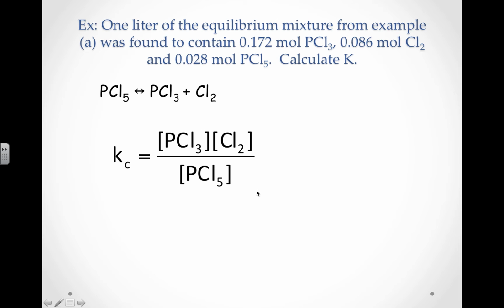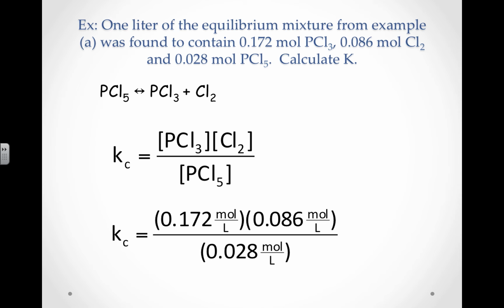So we write our Kc expression, and then we're going to plug in our concentrations. Notice they gave us moles. However, these are all the moles that are in 1 liter, so if we divide everything by 1, the concentrations work out. That's so nice of them. All right, so we're going to put our values in, and we get 0.53.